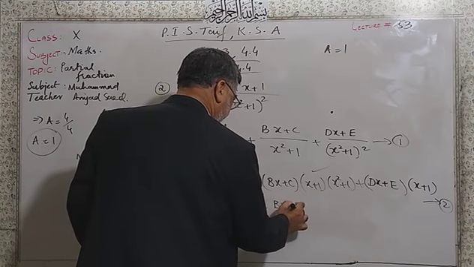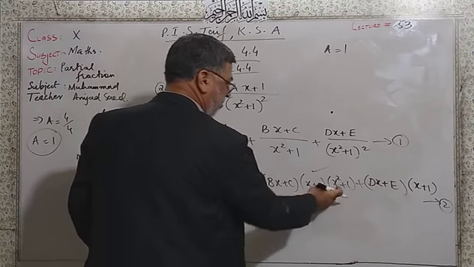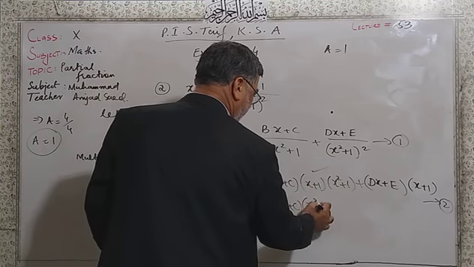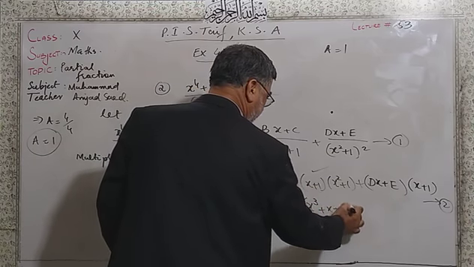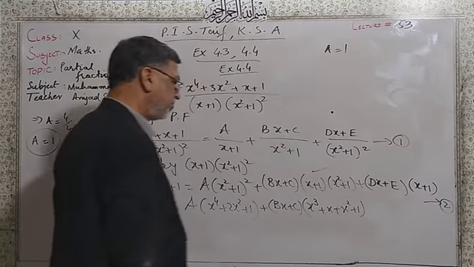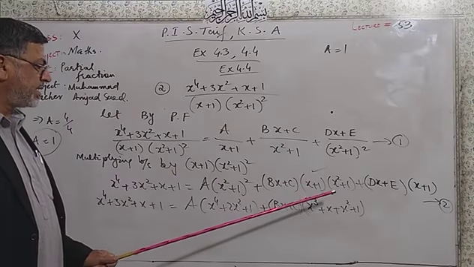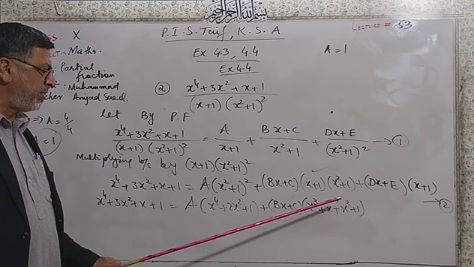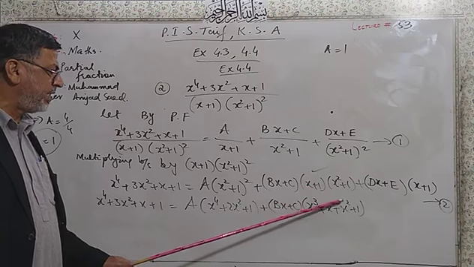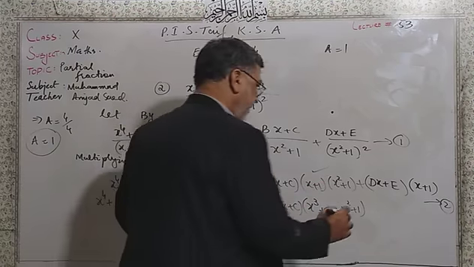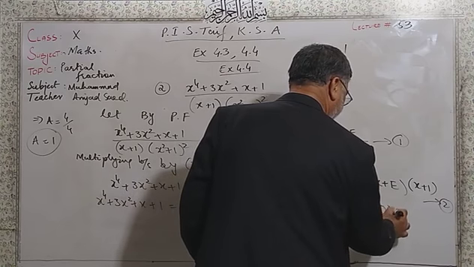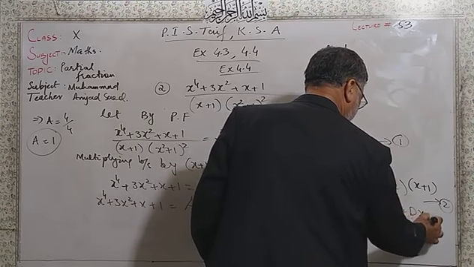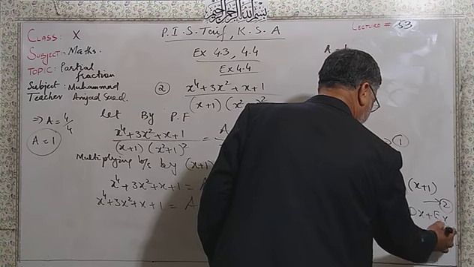Then Bx plus C into, multiplying them, it will be x cubed plus x squared plus 1. X into x squared, x cubed, then x is multiplied by 1, then 1 into x squared and 1 into 1. Here is Dx squared plus Dx plus Ex plus E.